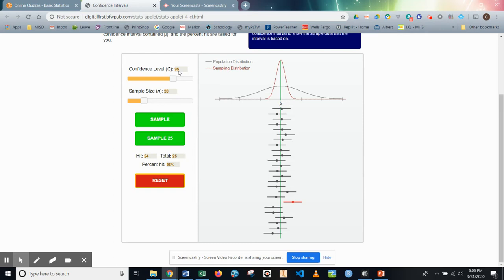The interpretation of that, I think, is the next slide, but basically what it means is if I did all confidence intervals possible for this population and this sample size, that 95% tells me what percent of those intervals would capture the population mean.